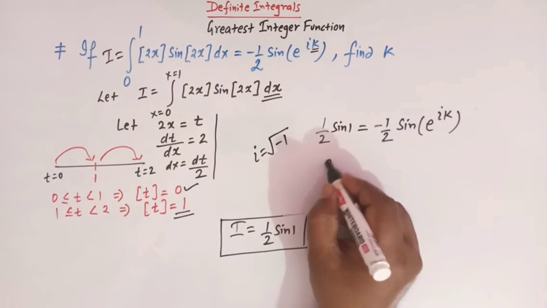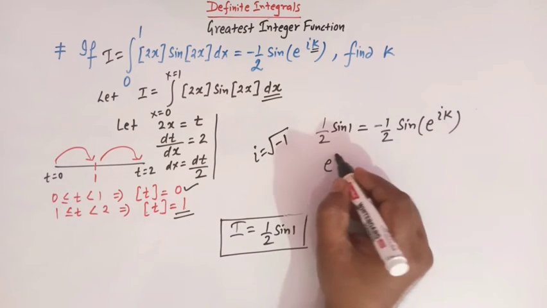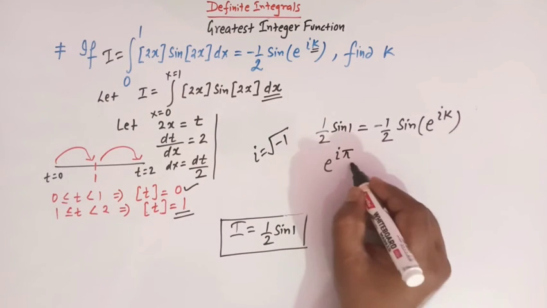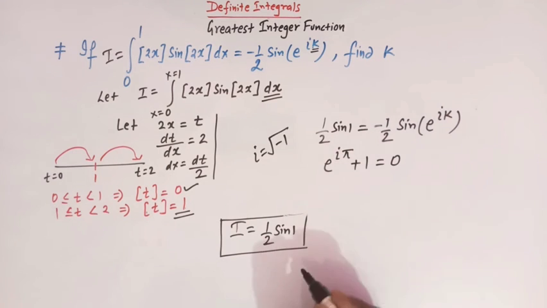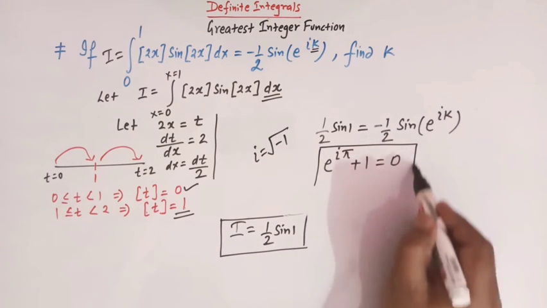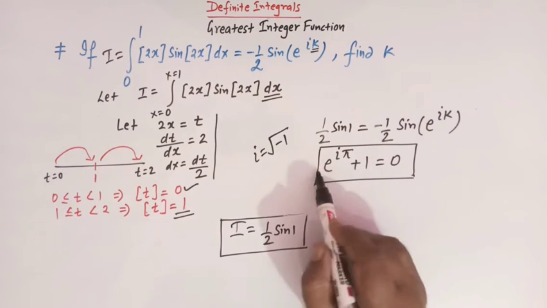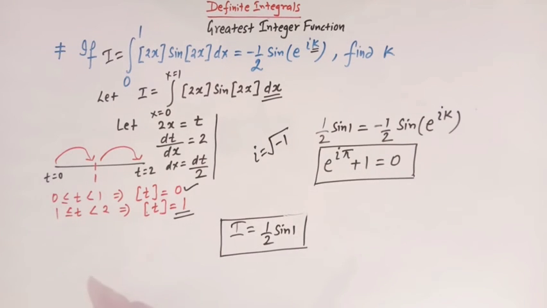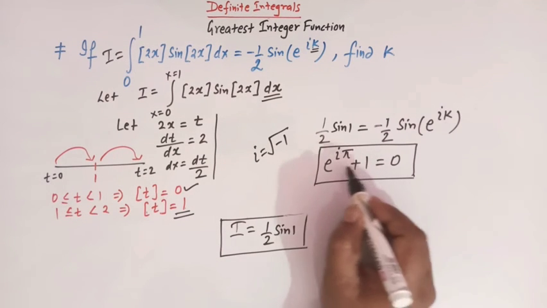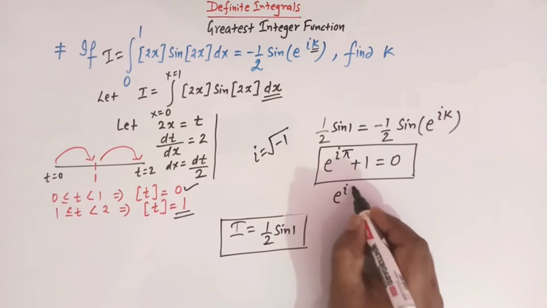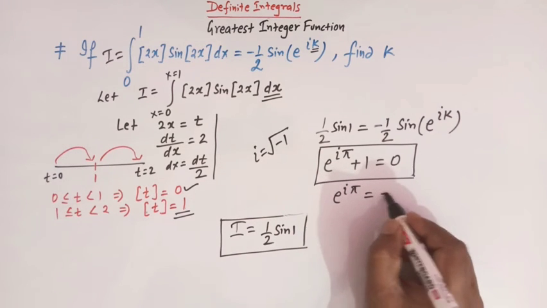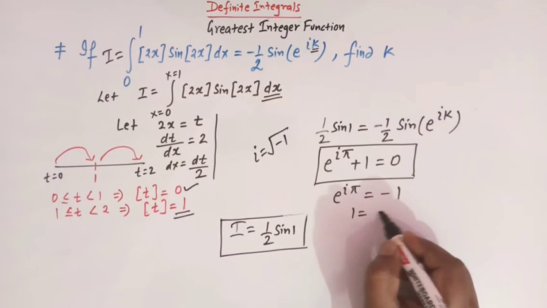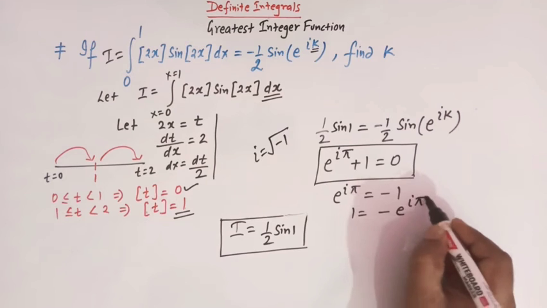Now we know the famous identity, or you can say the relation, that e raised to i pi plus 1 is equal to 0. This is the famous equation which connects e, i, pi, 1 and 0. So we'll take e raised to i pi is equal to minus 1, or 1 can be taken as minus e raised to i pi.